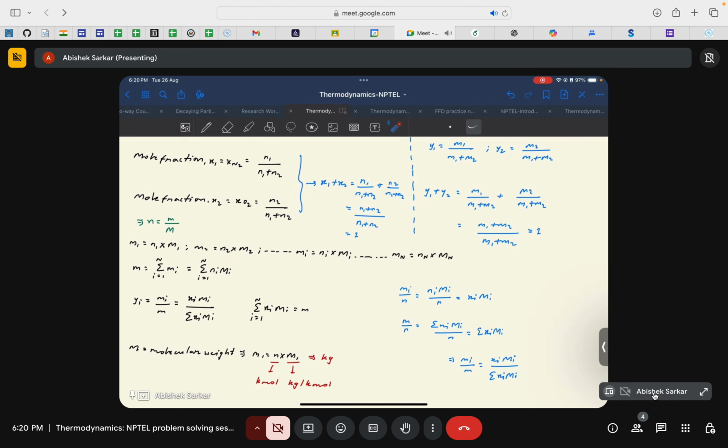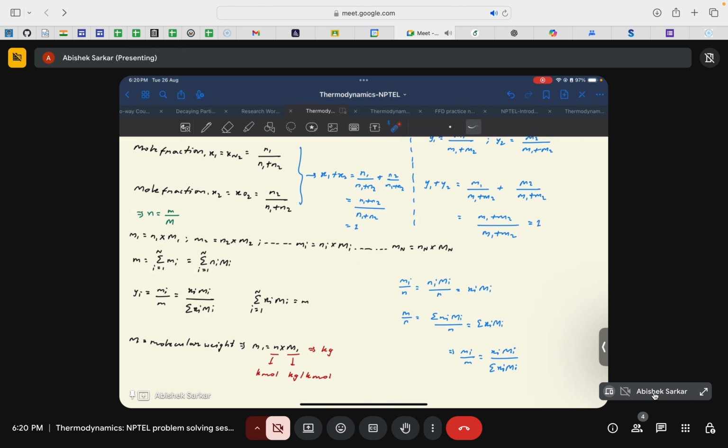Because we know that m is equal to m1 plus m2 plus m3 up to mn, if we substitute these values in that expression, you will get the total mass is equal to the summation of mi from 1 to n, which equals the summation of ni times Mi from 1 to n. Let us look into how we got this.